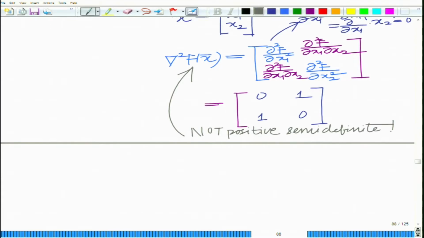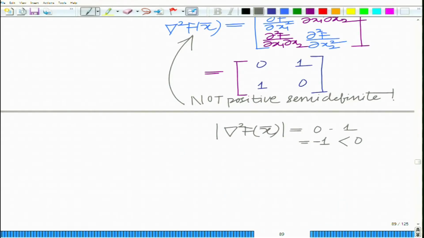In fact, if you look at the determinant of this, this is 0 minus 1 equals minus 1. This is negative. Remember, the determinant of a positive semi-definite matrix has to be non-negative, because the determinant is a product of the eigenvalues. All of these eigenvalues are non-negative, therefore the determinant has to be greater than or equal to 0 for a positive semi-definite matrix.